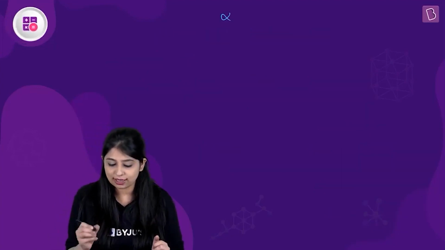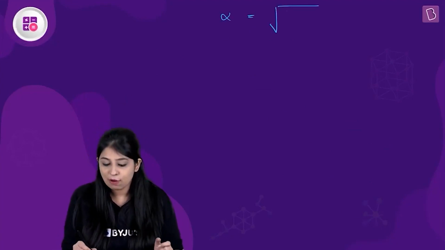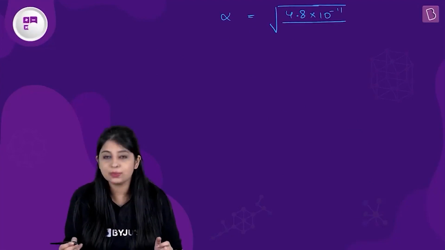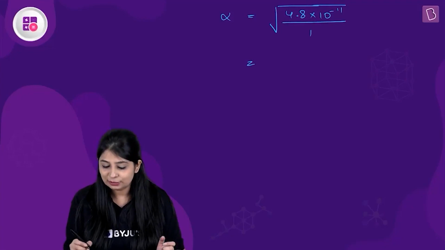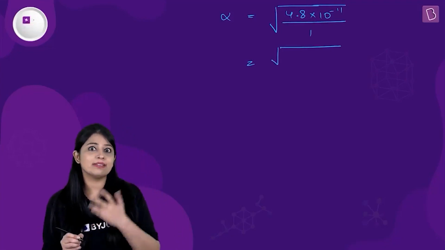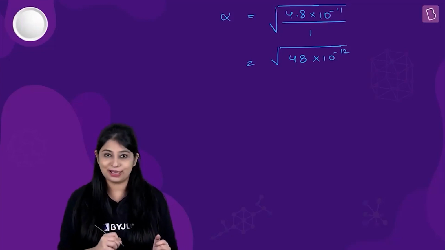So let's find out our alpha. Alpha is the square root of Ka, which is 4.8 into 10 to the power minus 11, divided by C, which is 1 molar, which is 1. We can write 4.8 into 10 to the power minus 11 as 48 into 10 to the power minus 12 for ease of calculation.